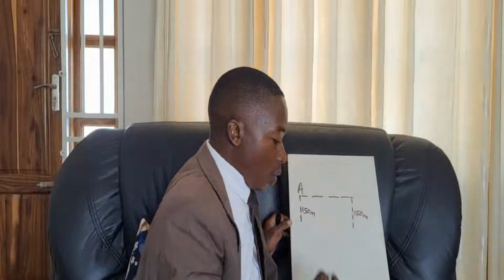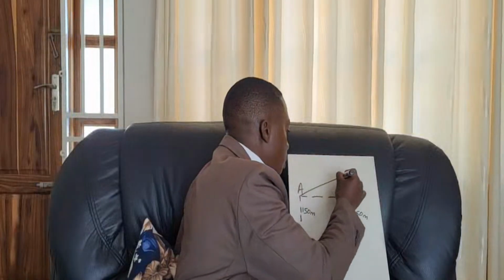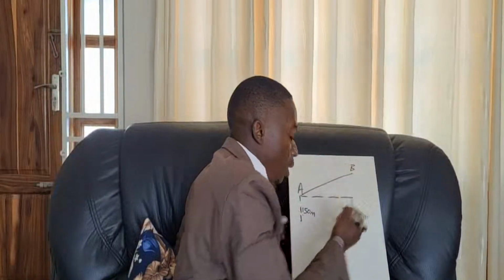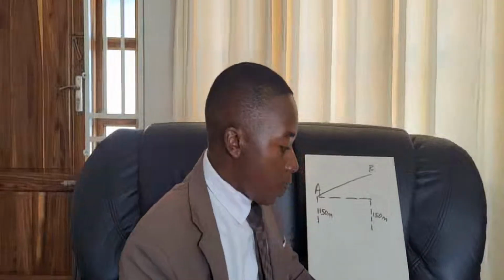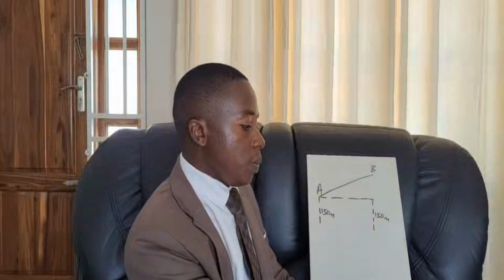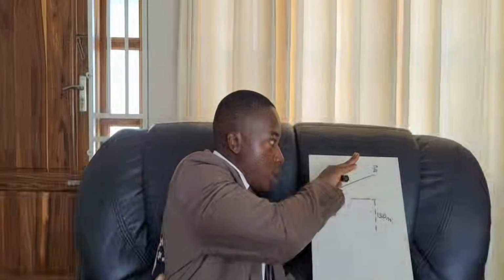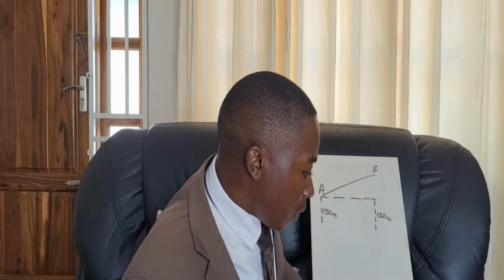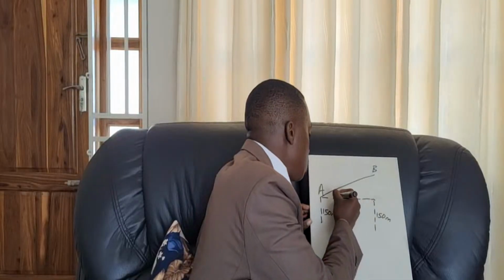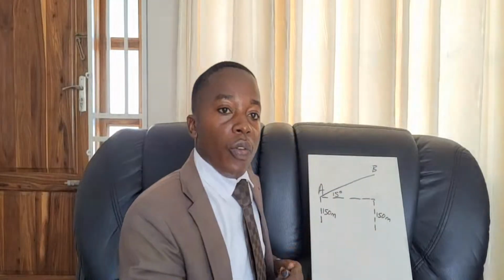B is at an angle of elevation of 15, so B is somewhere here, right? Because the person on A sees the peak of B. Are you understanding? The person here sees the peak of B at 15 degrees. That's the angle of elevation.